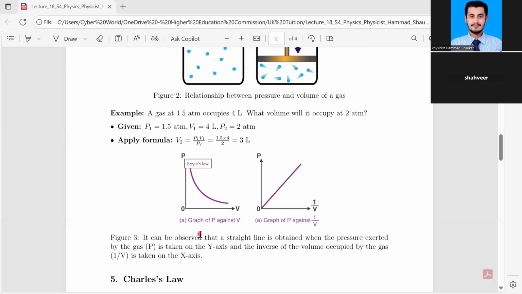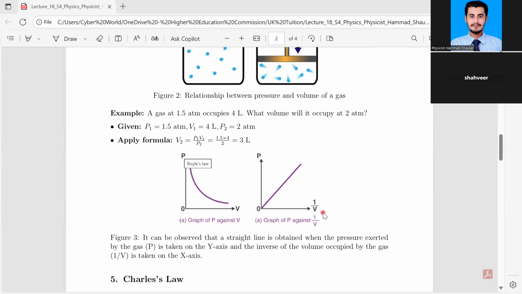Now let's plot a graph between P and 1/V. P has an inverse relation with V, but P has a direct relation with 1/V. Am I right?